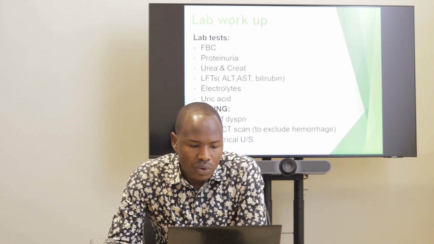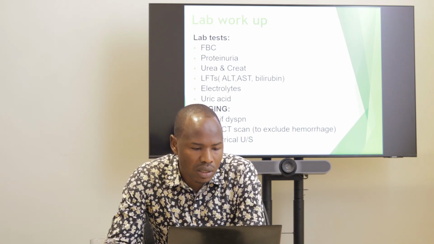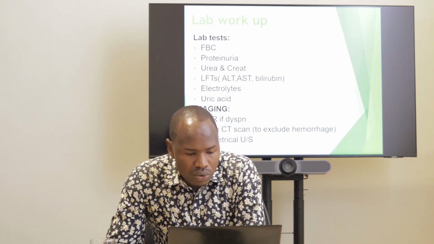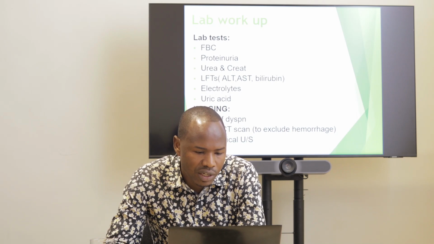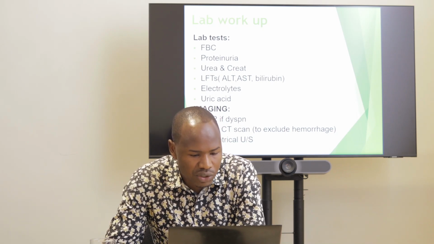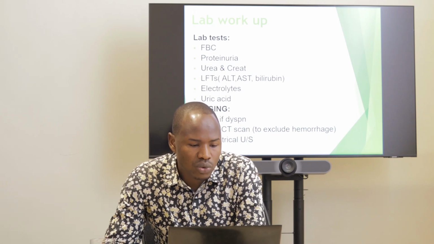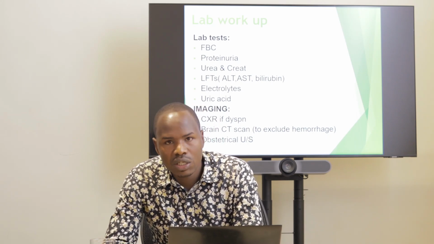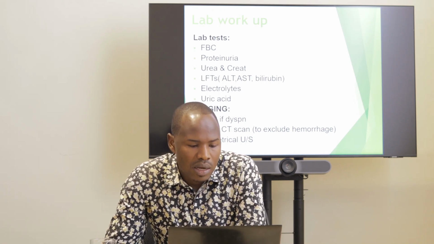We have also laboratory investigations that should be done. We have to do full blood count, proteinuria, urea and creatinine, liver function tests, electrolytes and uric acid. We have to do this full blood count to see the level of platelets, so that we can see if there is thrombocytopenia.